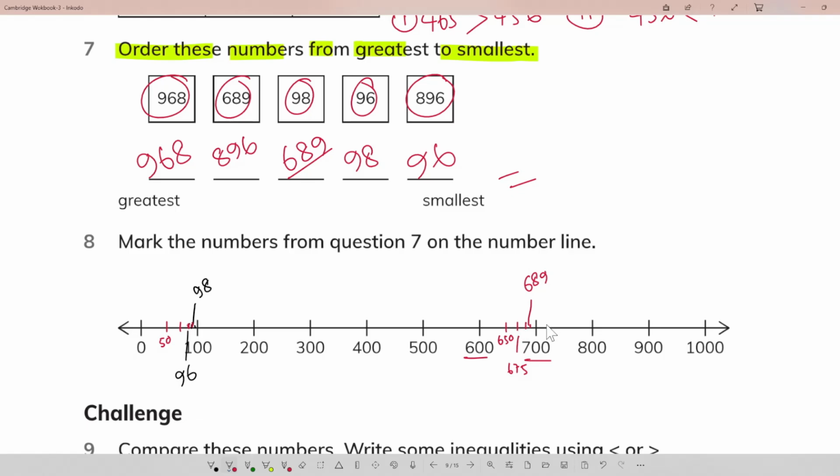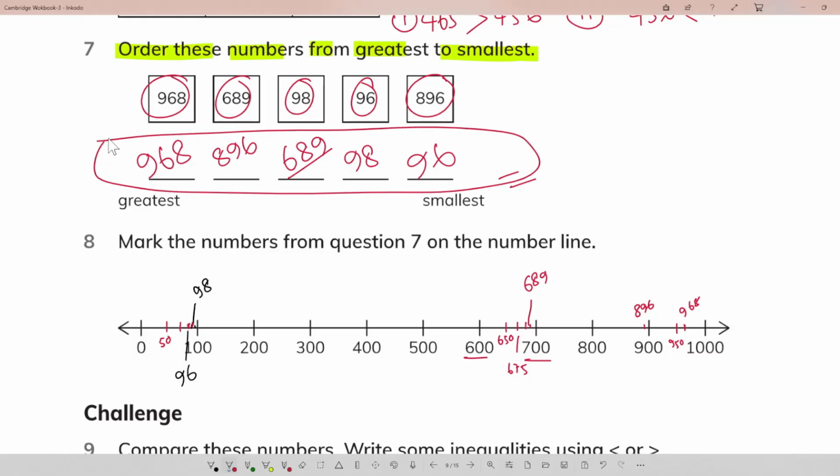It's just an estimate. Then 896 is almost 900. And 968 is almost 1000. So here is 950, and here we consider this one is 968. So these are our numbers marked on the number line.